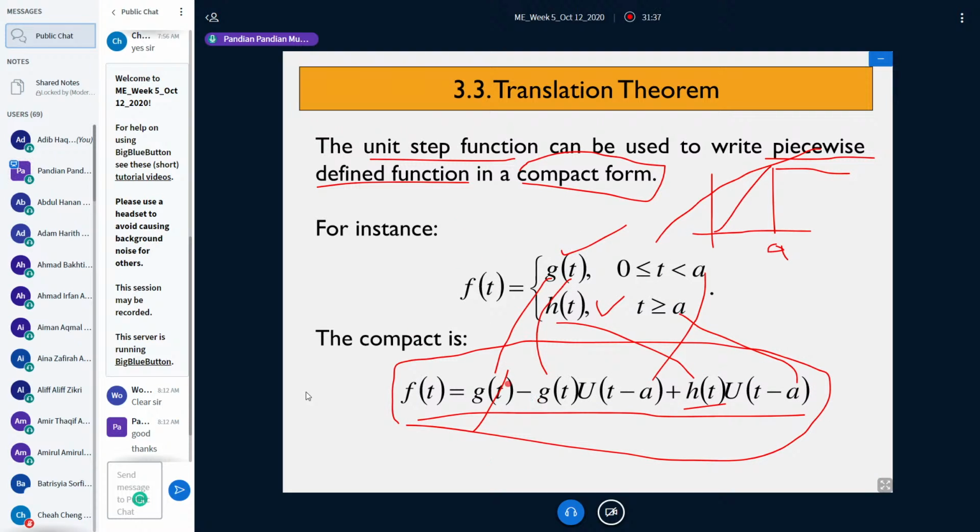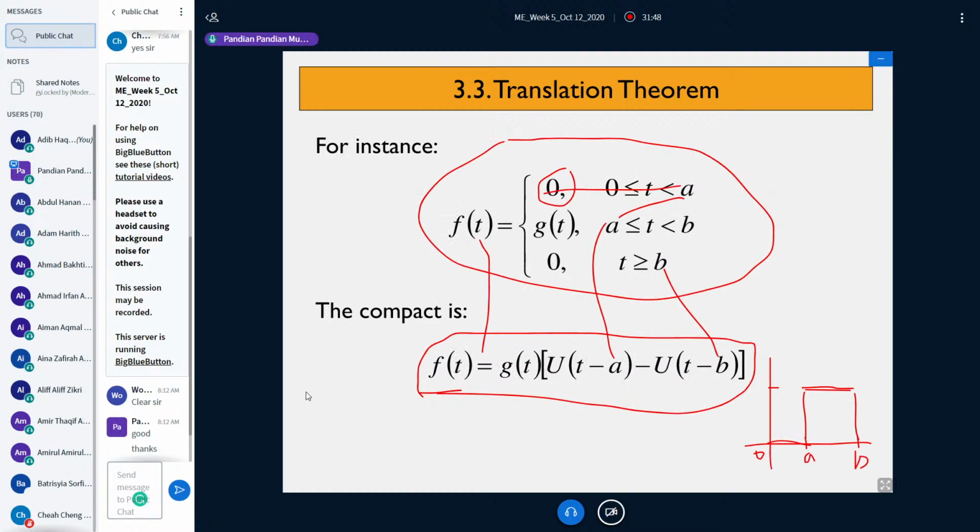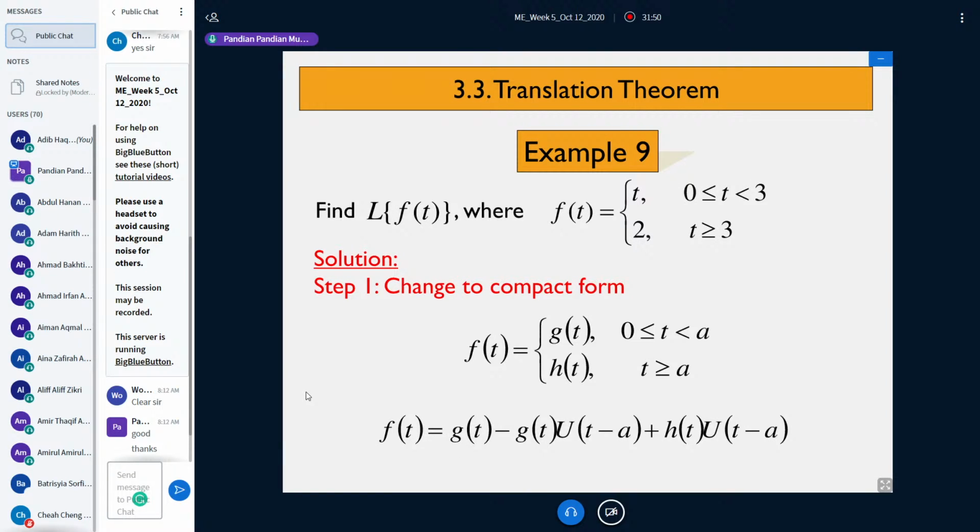So using the piecewise defined function, you create the compact form. The good thing about the compact form is you can find the Laplace. So look at example 9 carefully. Find the Laplace of f(t). But f(t) is defined in two pieces only.